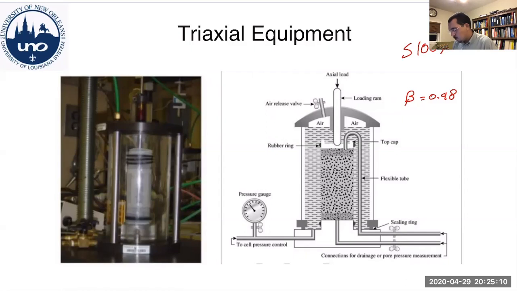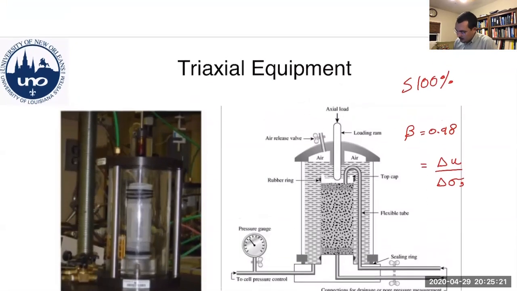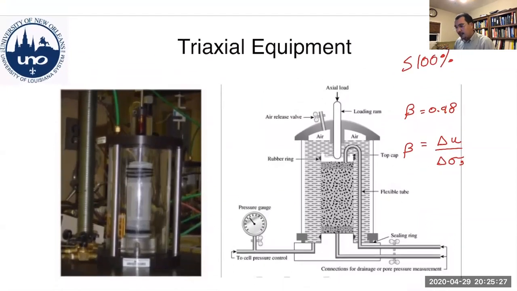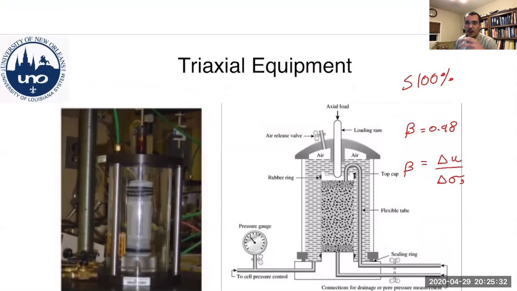What this coefficient is equal to is the change in pore water pressure divided by the change in the minor principal stress, and that's equal to B. You want to achieve that because it's hard, when you have air, to measure the change in pressures of the air inside the sample, even though it's done for research purposes.